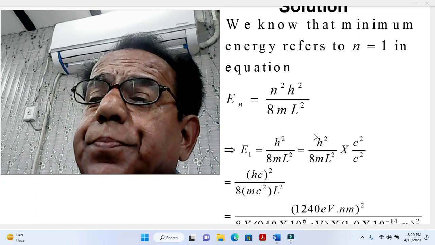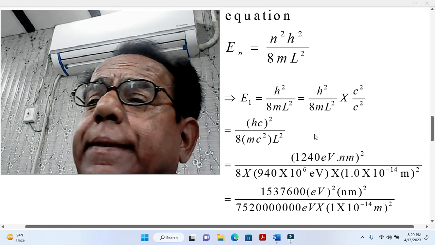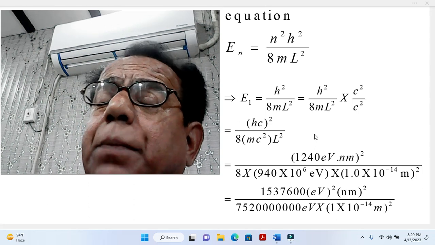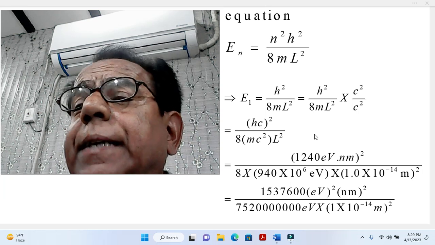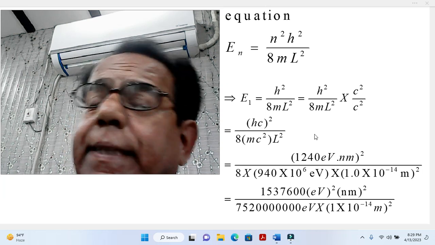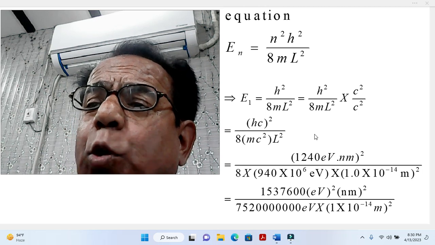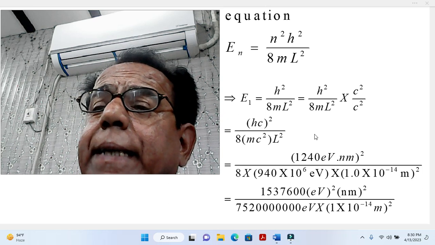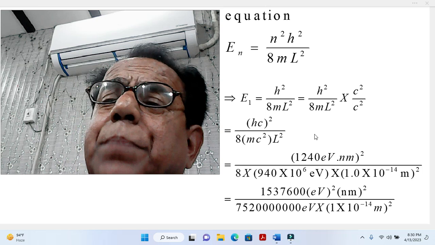So E1 becomes equal to h²c², or we can write combinedly (hc)² divided by 8mc² L². We write c² as a multiple of m within bracket, and write capital L² as a multiplying factor.